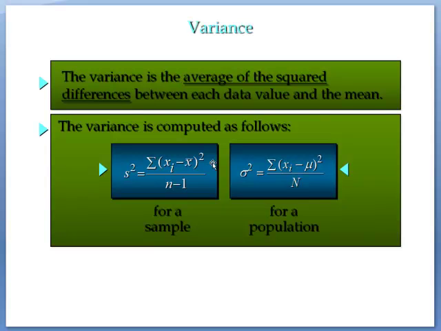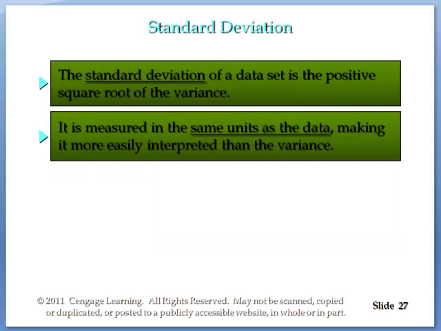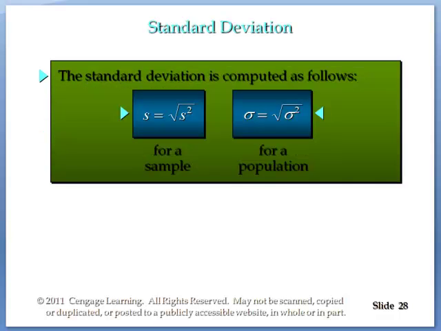In the case of the population variance, take the population mean mu, subtract it from each observation, and whatever the difference is, square it, add them all up, and divide by the population size, big N. That is the population variance. The standard deviation is then simply the square root of the variance. As you can see, the sample standard deviation is just the square root of the sample variance. The population standard deviation is just the square root of the population variance.